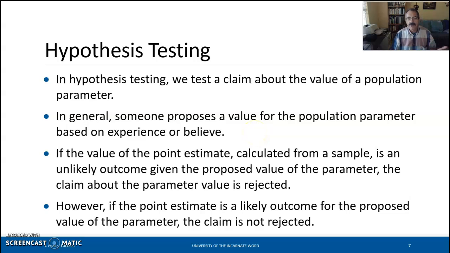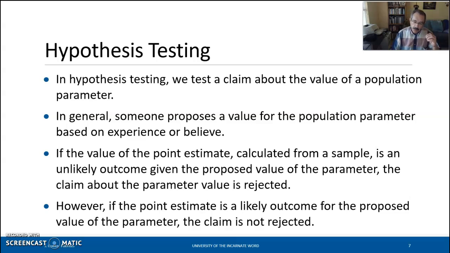Someone proposes a value, or someone has an idea, and they give this value for the population parameter. Most of the time, we want to see if that idea under the null hypothesis is correct or not. So for that purpose, we collect data, a sample from that population, and we use the data from that sample to calculate a point estimate.